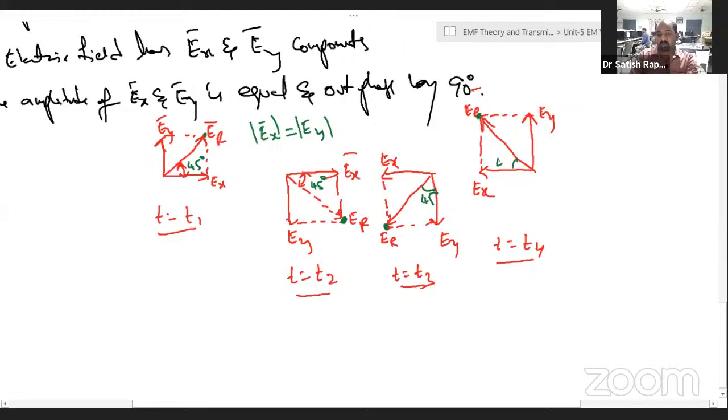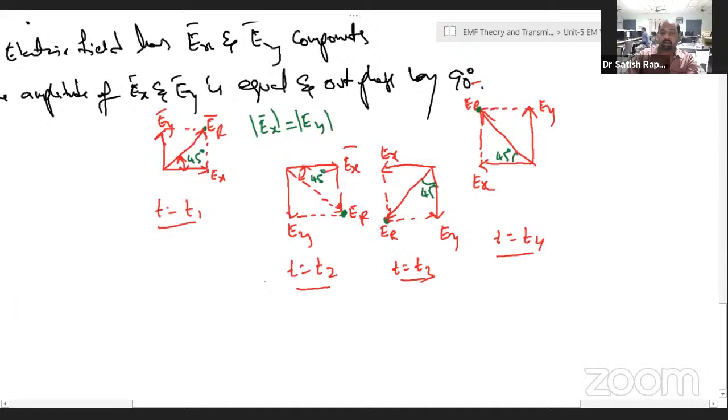And here it is 45 degrees, so total 90 degrees. Therefore, the resultant electric field is at every time moving with a 90 degrees phase shift. So if you join all the locus points, T is equal to T1, T2, T3, T4, you will get a circle, right?